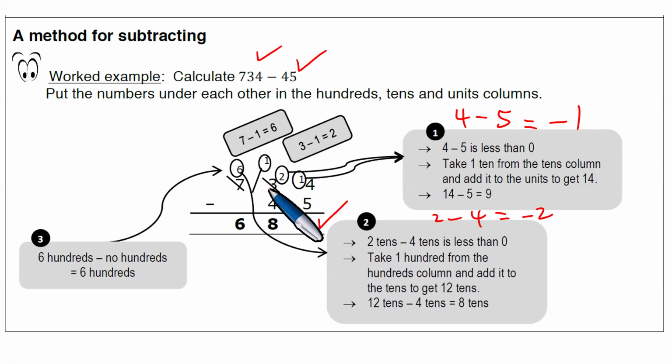This was a 2 in the tens, so like a 20, and together with the 100 you have 120, so in other words, you have 12 tens. You subtract 4 from that, and you get 8 tens. You borrowed 100, so you're left with 600 hundreds, and 6 minus nothing gives you 6.